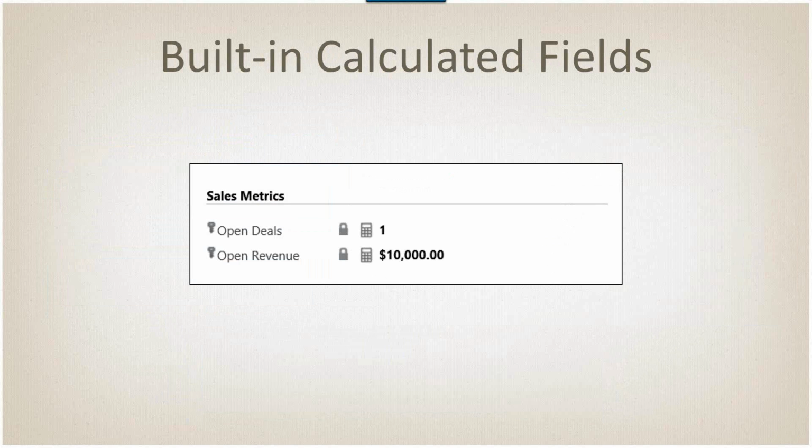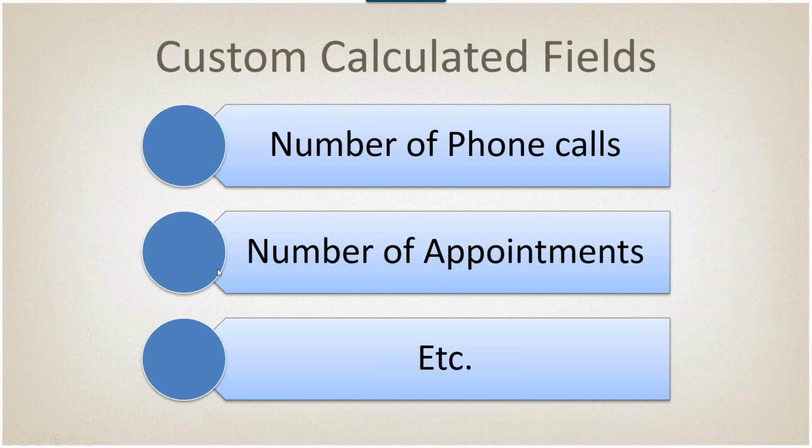Okay, so I've got one deal worth possibly $10,000. Then you can put these on views, and you can have a quick view. It's not a graph, but it's just a view, and you can see what's going on. Other things I've done for customers is I've created calculated fields to track the number of phone calls and the number of appointments.